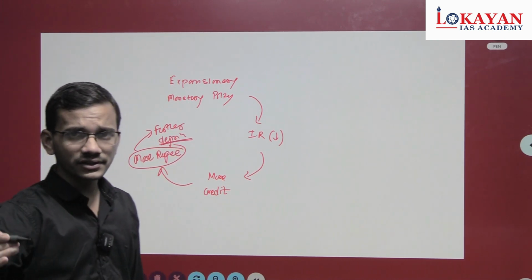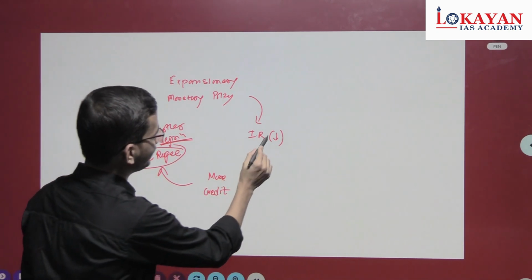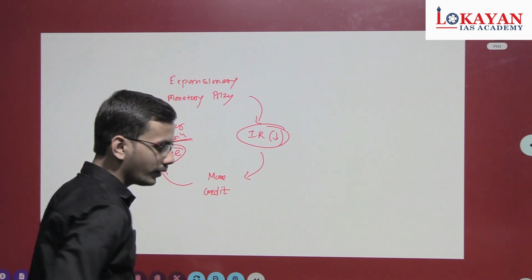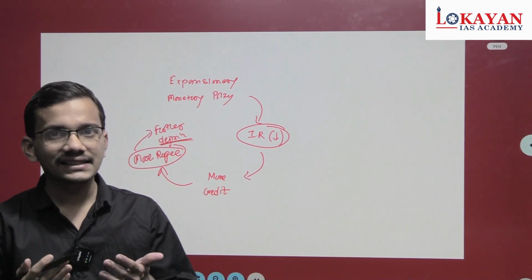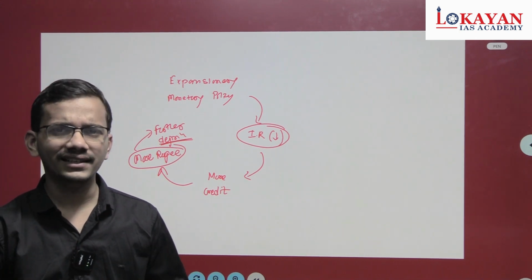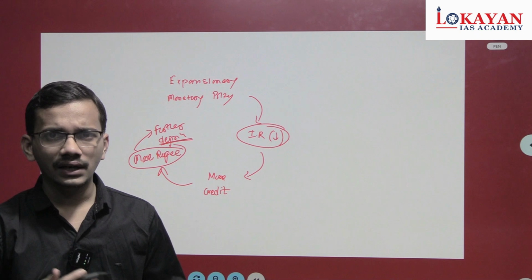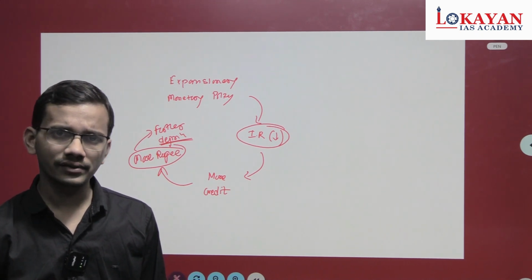Also, in expansionary monetary policy, we will reduce our interest rates. As interest rates are reduced, will foreign investors have any incentive to invest in the Indian economy? No, because interest rates are low. So they will try to find some new location to invest.